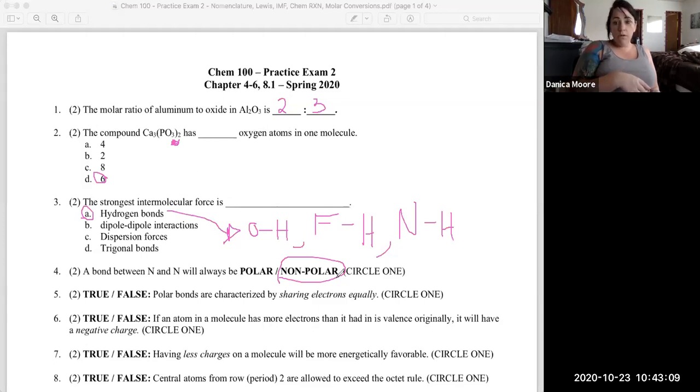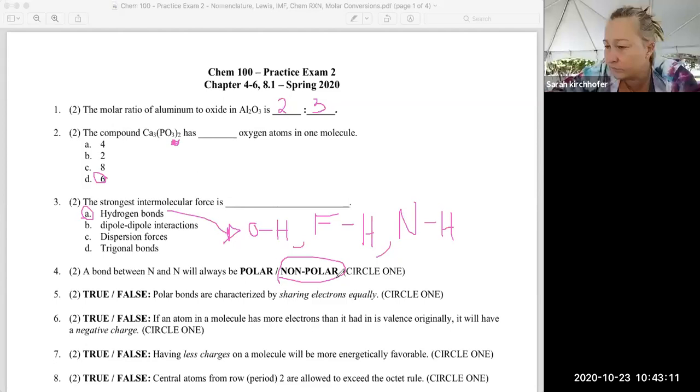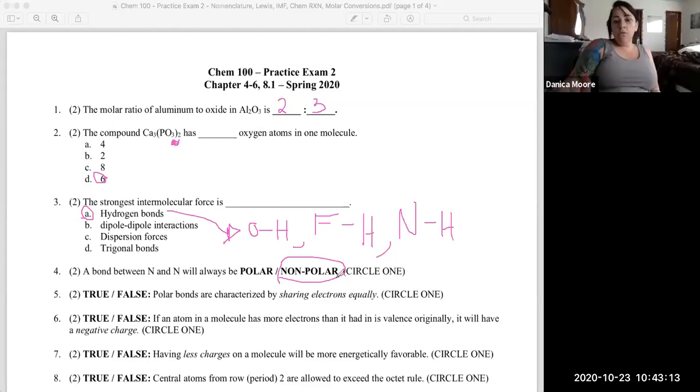Everybody else is polar, right? So if you're non-polar, you are either bonded to yourself or it's carbon bonded to hydrogen. Anybody else would have a polar bond. Questions about that one? We're cool.